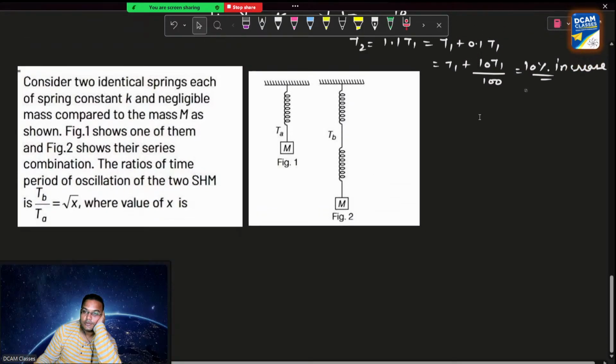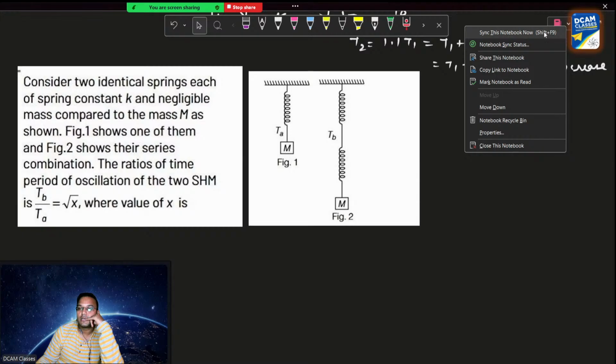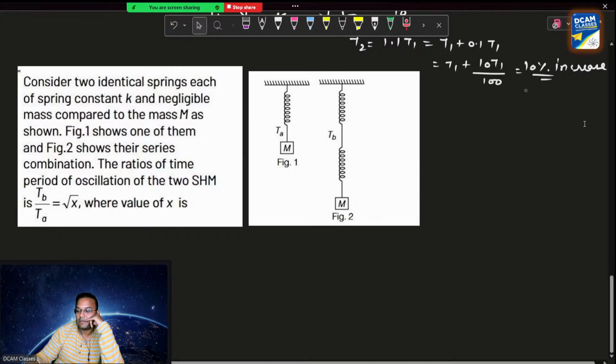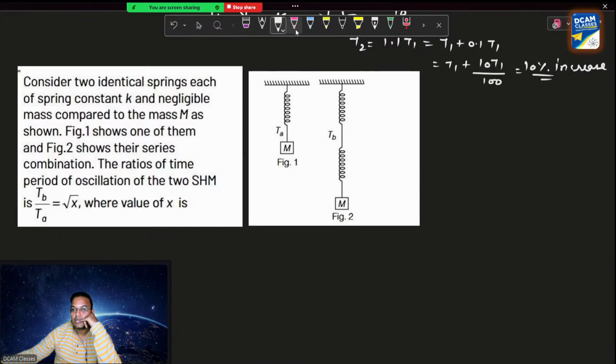Try solving this quickly. It's not difficult, but you should remember the formula. If you remember the formula, you'll solve very quickly. If you do not, it will be difficult. Let me write the formula for you. T is equal to 2 pi root over M by K effective. K effective calculation you know.